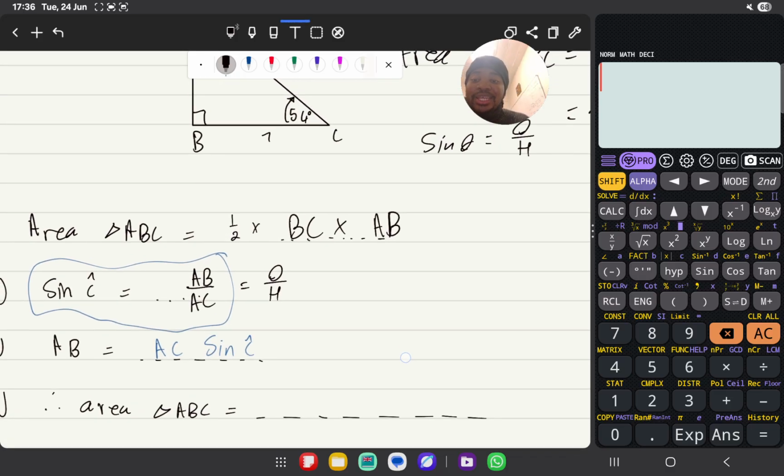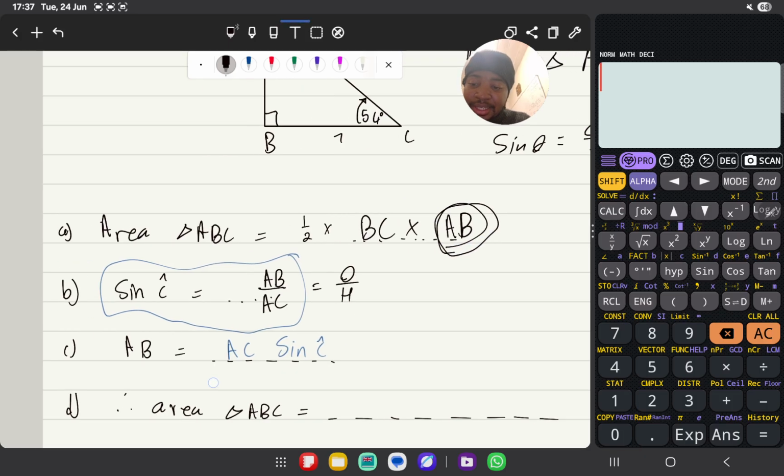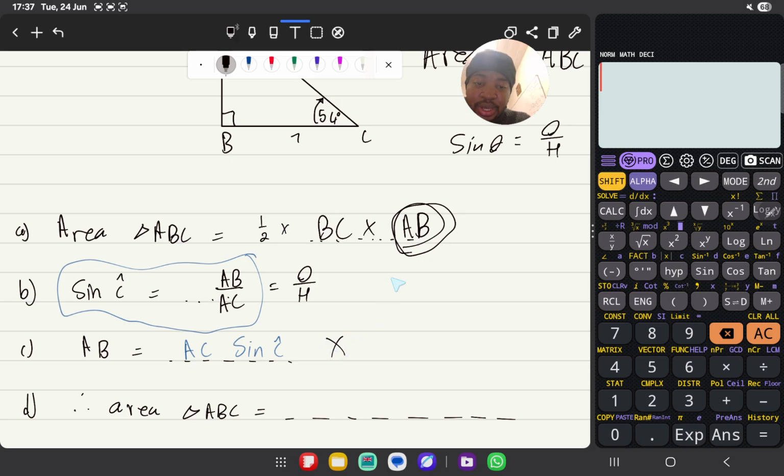So now let's go back. Remember, the area of triangle ABC is half times BC times AB. Here at C we were able to write AB as the subject of the formula.